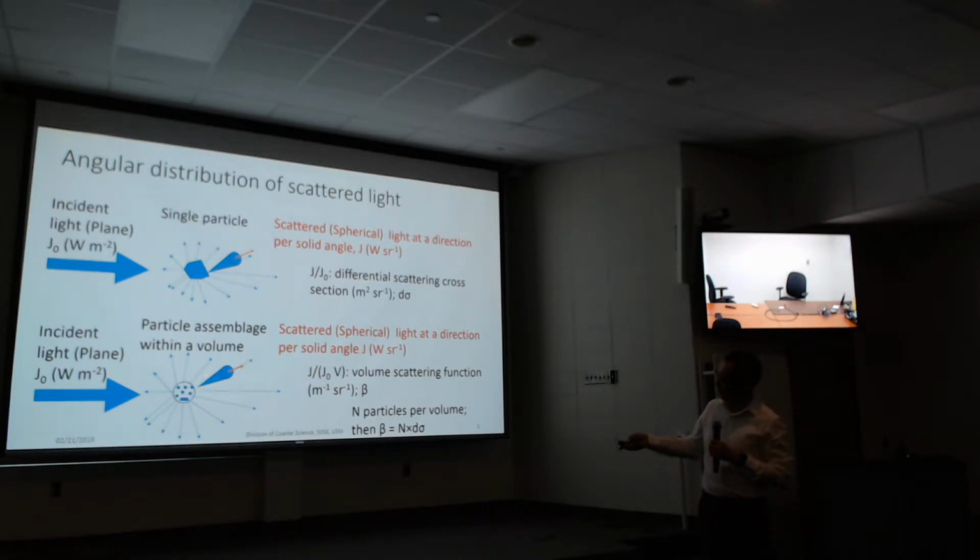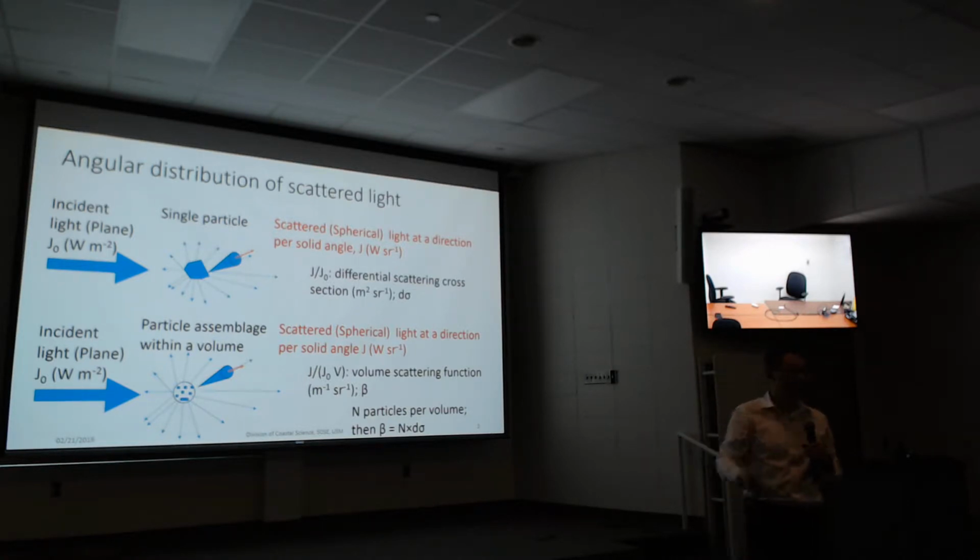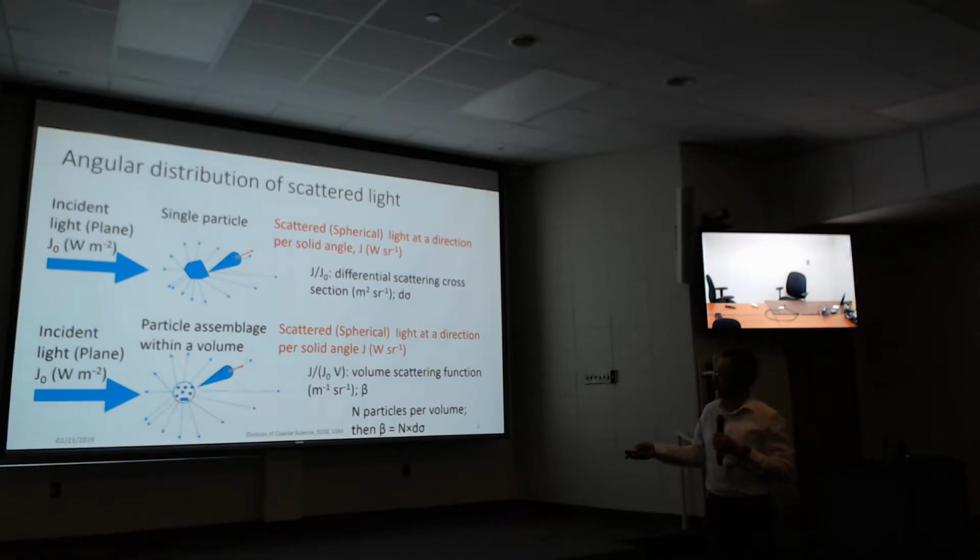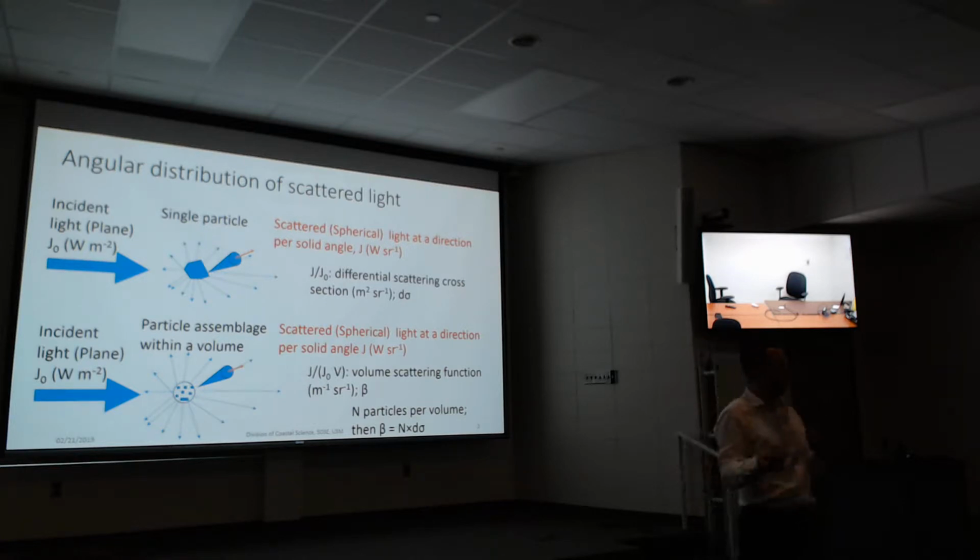We measure the scattered energy divided by incident energy, and because we are looking at a volume of particles, we divide by volume. Now we get the volume scattering function, beta, and it has units per meter and per solid angle.